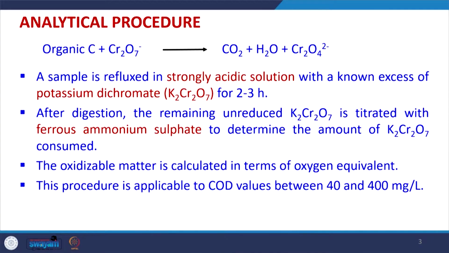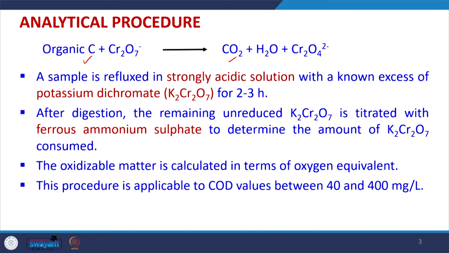In actual practice, we reflux the water sample with a strong acidic solution and with a known excess of potassium dichromate for 2-3 hours. Under that condition all the organic matter gets converted into CO2 and similarly H gets converted into H2O.